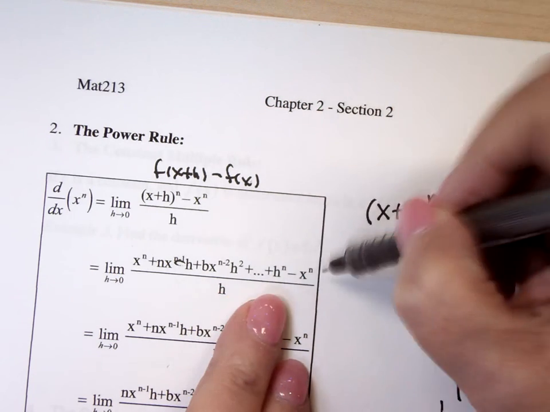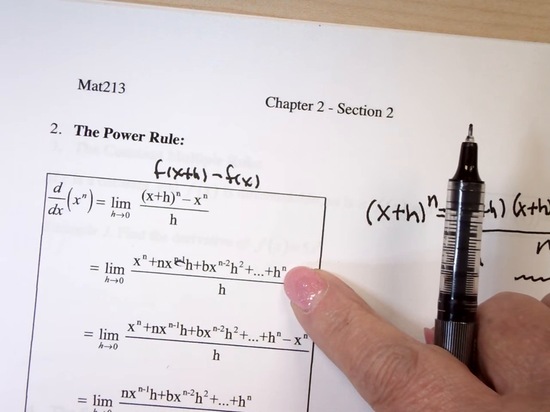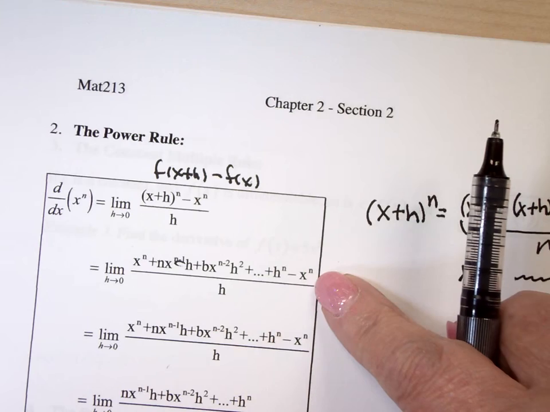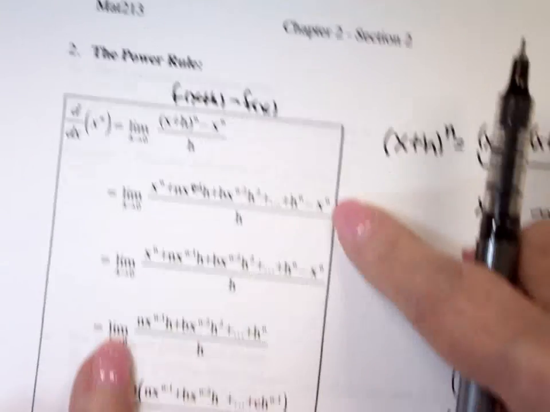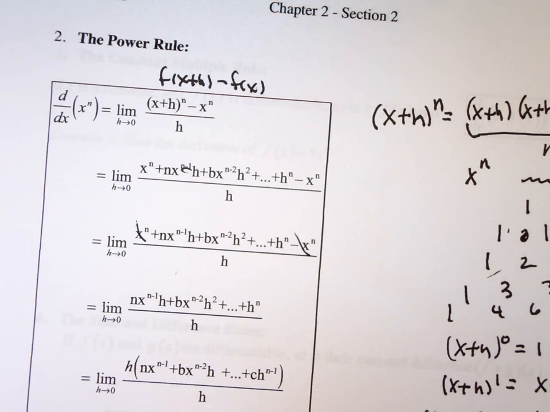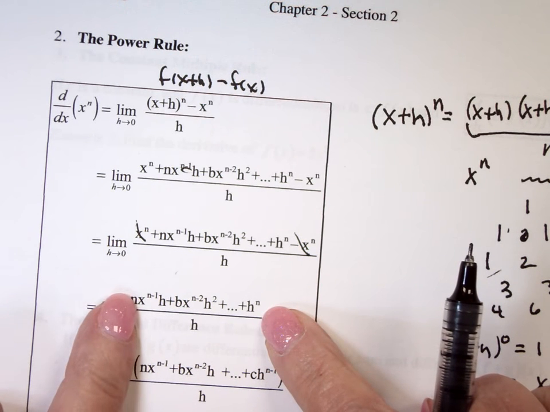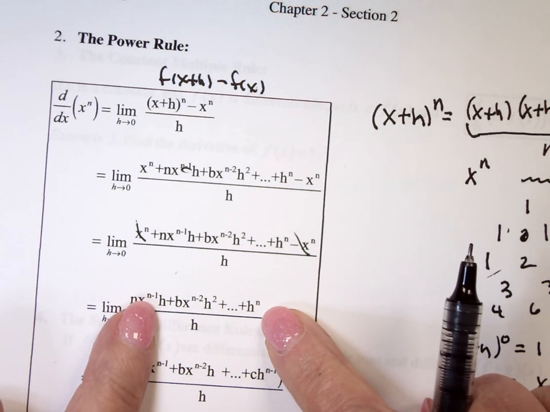The same thing is going to happen till you end up with just x to the 0 power, h to the n power. Subtract off x to the n. x to the n adds to 0 if you're doing the difference quotient, so all the terms that are left have h's in them.